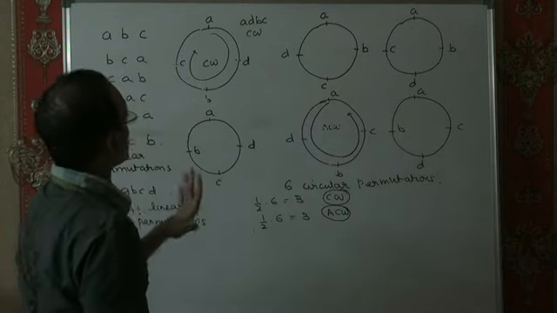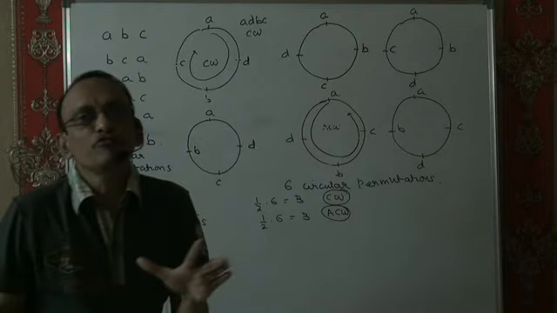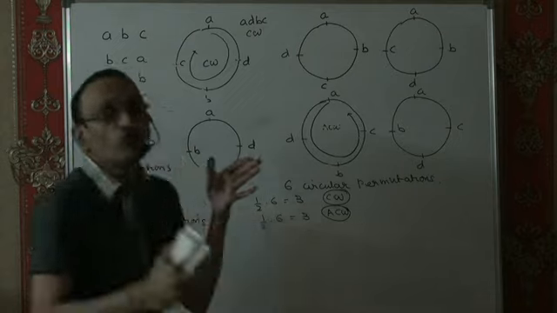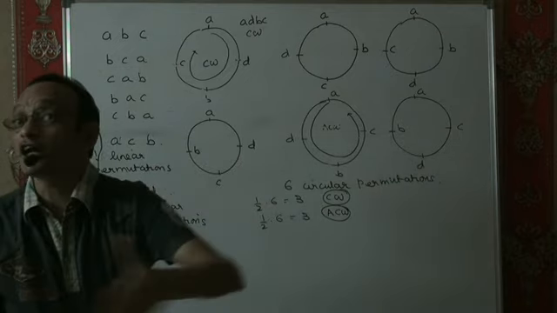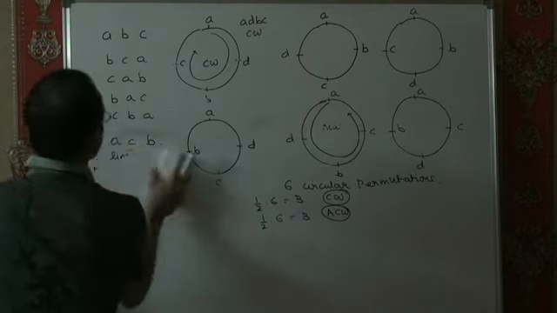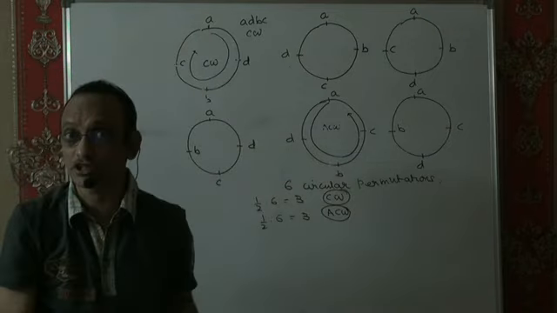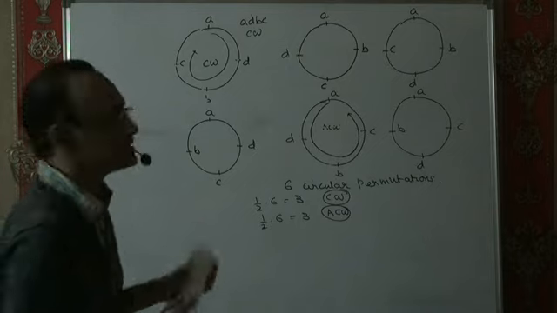But the key thing is, why am I getting fewer permutations here compared to 4 factorial permutations that are linear? Why is it that there are fewer circular permutations and more linear permutations? It's as simple as this.